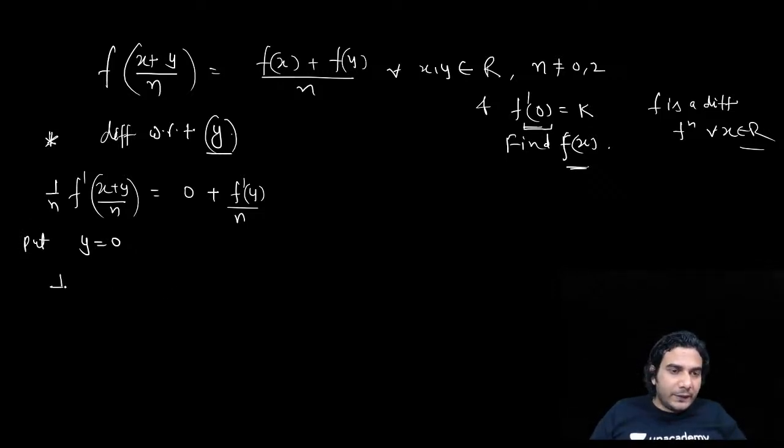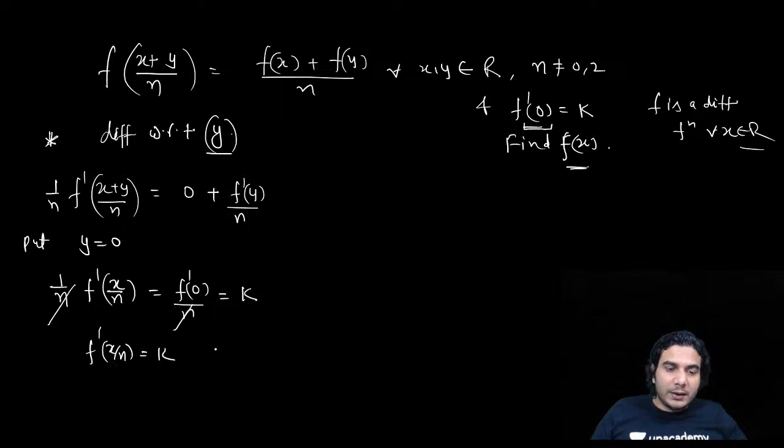So now I'll get this differential equation: 1 upon n, f dash of x upon n is equal to f dash of 0 upon n. This n you can cancel, and f dash 0 is k, so you can write k. Now f dash of x upon n is equal to k.